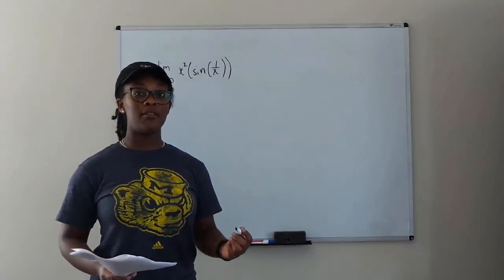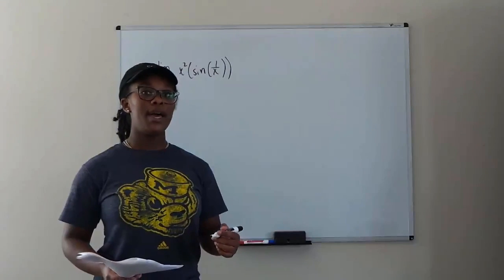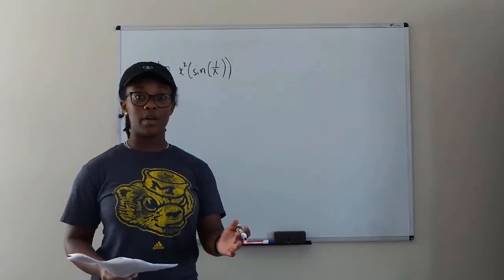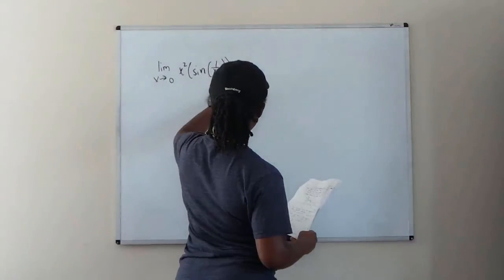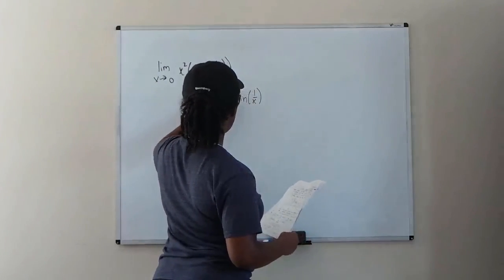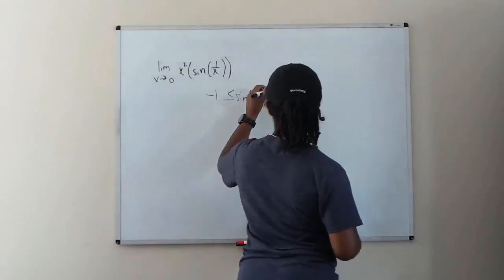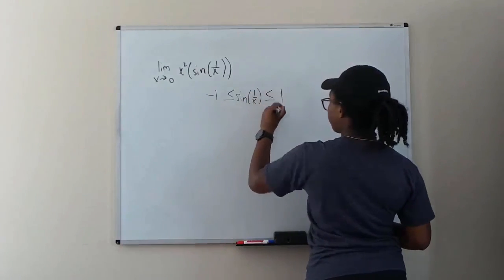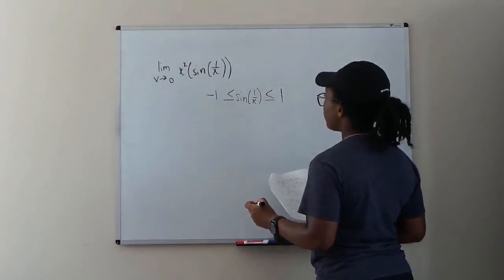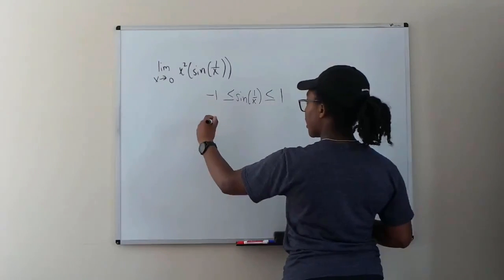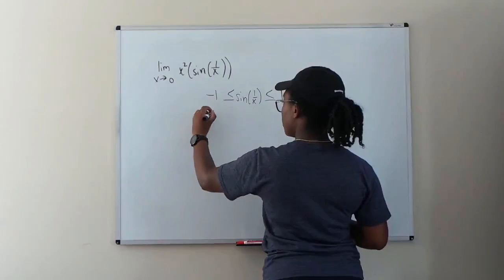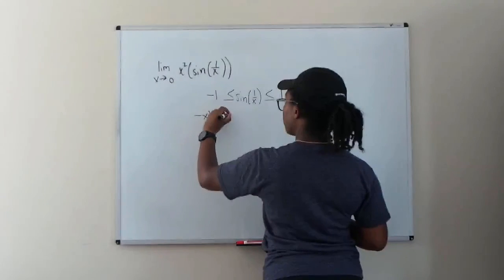So we know that sine of x only takes values from -1 to 1, so we can use that. So if it's sine of 1 over x, we know that it also has to take values between -1 and 1. Okay, and then we know that we have an x squared, so we can just multiply everything by x squared. That's not changing this inequality at all.